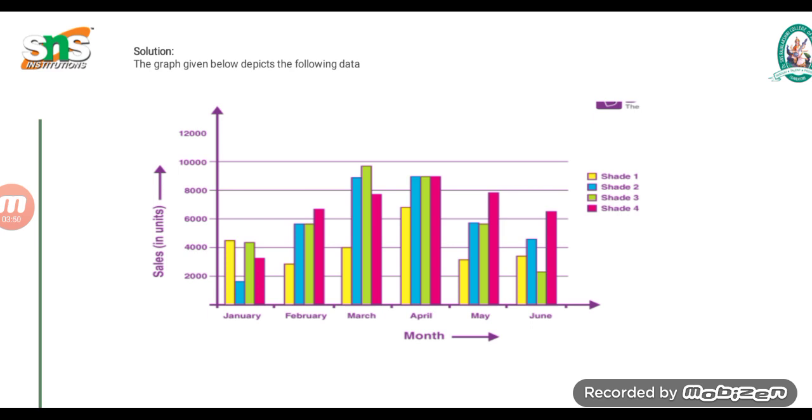I have represented the months on the x-axis and sales on the y-axis. In January it consists of 4 bars, and similarly up to June. These diagrams are said to be multiple bar diagrams, which represent a single month but have multiple data.